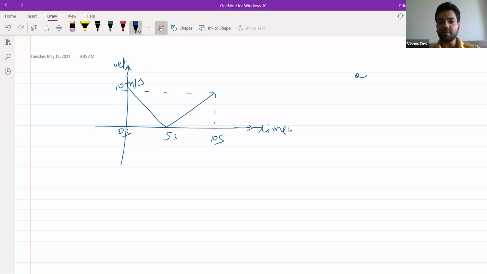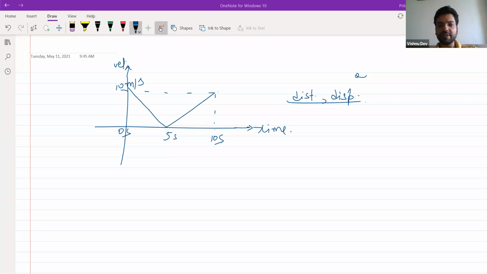Quickly, can you tell me the distance and displacement here? Will the distance and displacement in this be the same?